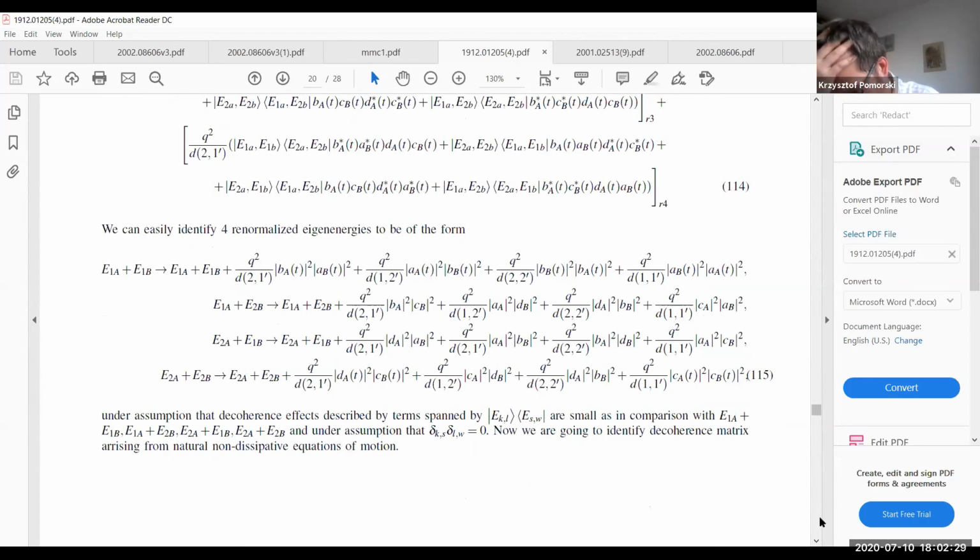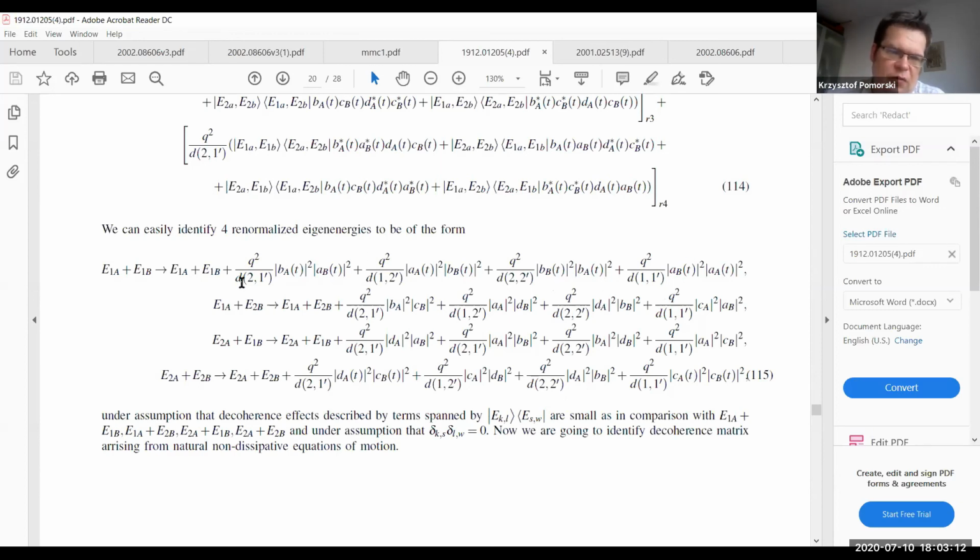Let us suppose that this Coulomb interaction has a very small value. Initially qubit A had eigenenergy A1A, and qubit B has an eigenenergy A1B, and then these eigenenergies will be changed due to the presence of the perturbative electrostatic interaction, and this will be accounted for by such terms as given here.